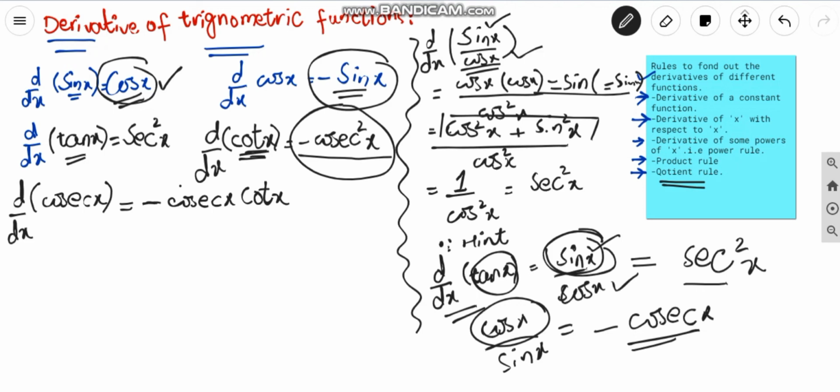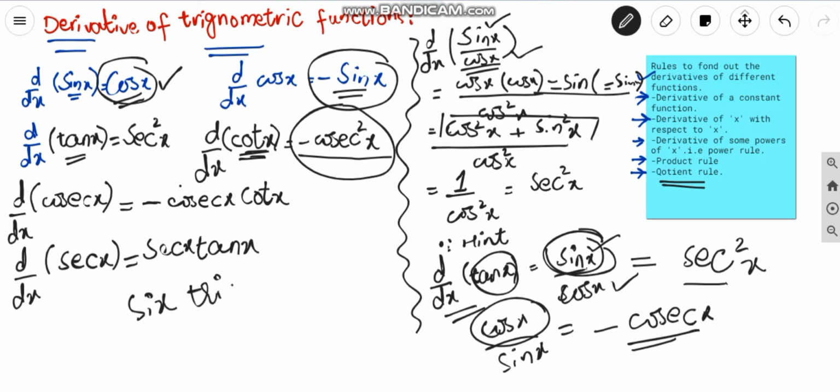Minus cosecant x cot x. And now what will be the derivative of secant x? As the derivative of tan x is secant square x, write secant x and tan x. These are the derivatives of the 6 trigonometric functions.